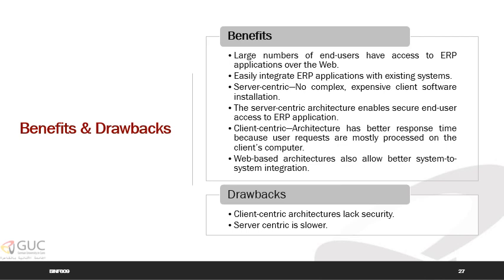The client-centric architecture has better response time because users' requests are mostly processed on the client's computer. However, they can lack security and require all client workstations to be set up according to the standards specifications.